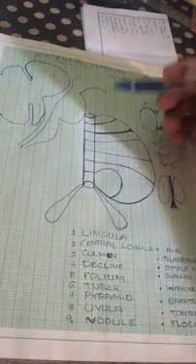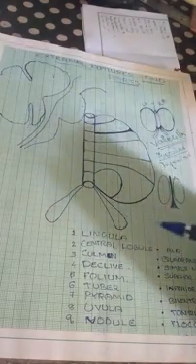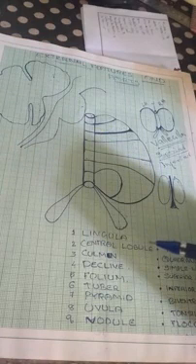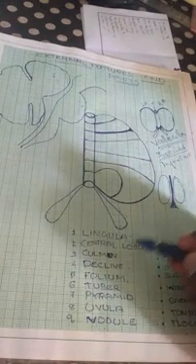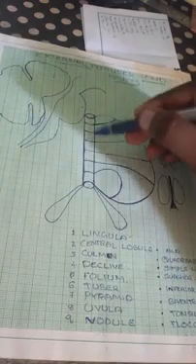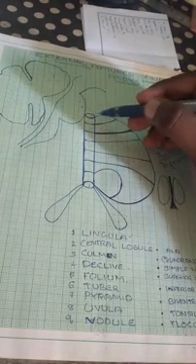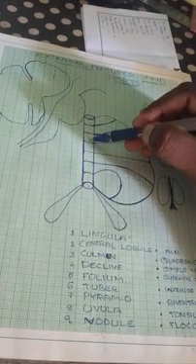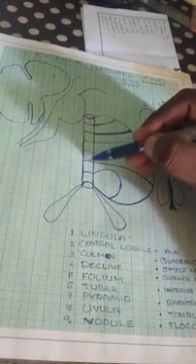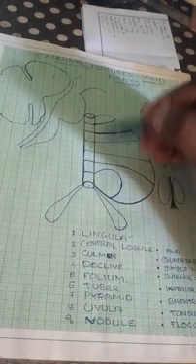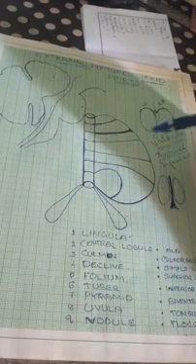The parts are lingula, central lobule, culmen, declive, folium, tuber, pyramid, uvula, and nodule. These are the 9 parts of the vermis.